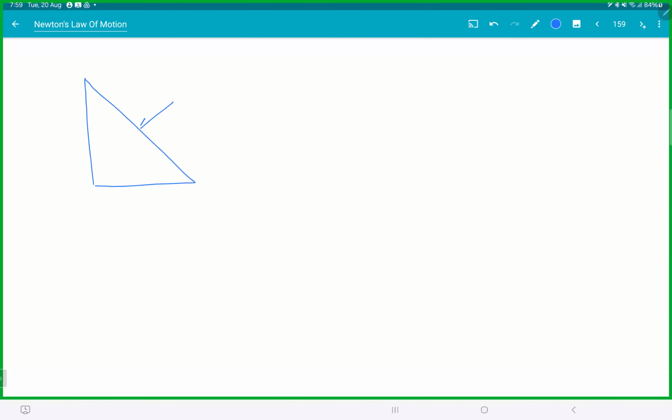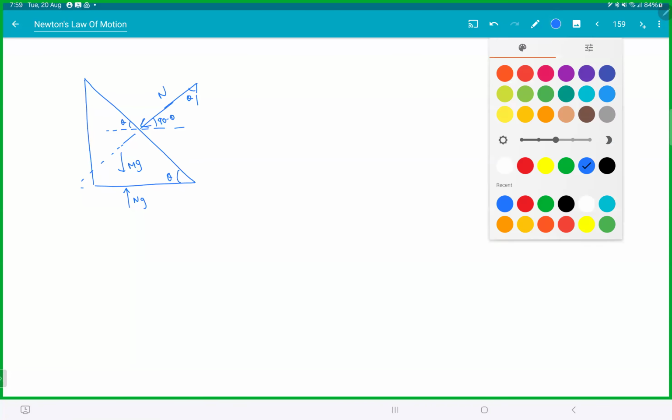What are the forces? Normal reaction, your own weight mg, N ground. This is theta. If that is theta, this is 90 minus theta. That is theta. This is theta. So this is 90 minus theta. This is 90 minus theta. This is theta. Hope the angles are clear.